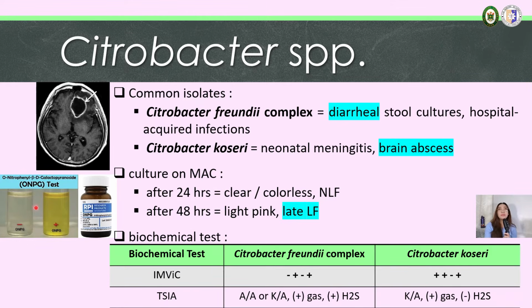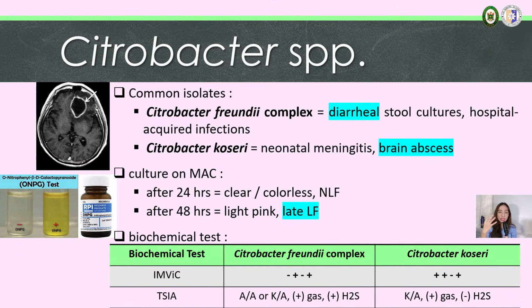Now, this one is done to observe late lactose fermenters. So kung halimbawa, na-observe natin na upon 24 hours of incubation, non-lactose fermenting yung colonies, we could subject it to the ONPG test. Now, if it still produces a negative result on ONPG, then we could confirm na non-lactose fermenting talaga yung organism.